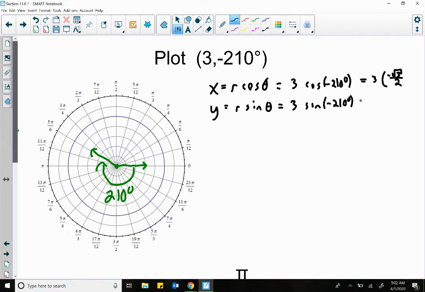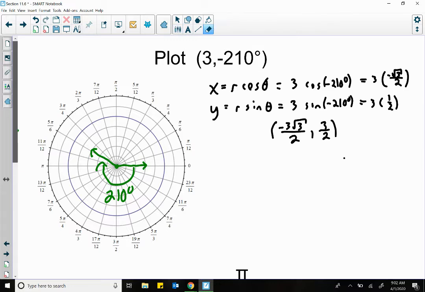Yep. This is equal to 3 times 1/2. So our coordinates would be negative 3 square roots of 3 all over 2, comma, 3 over 2. There's the polar coordinate. Or sorry, the rectangular coordinate.